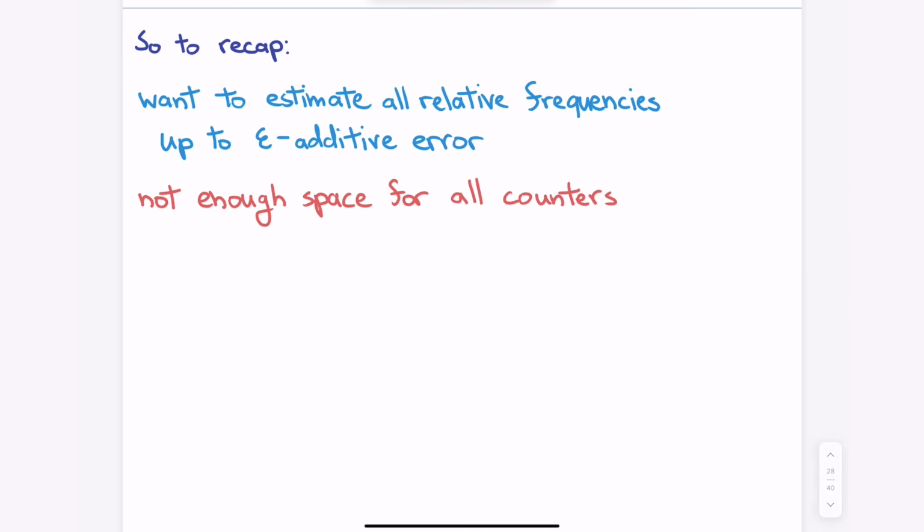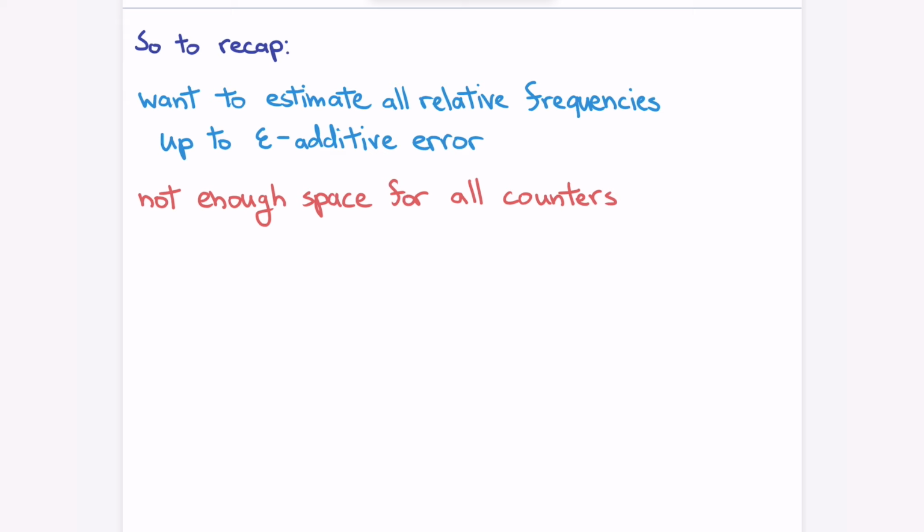We still have the same issue where you don't have enough space for all the counters. What's one good piece of news? If I'm asking you to report the frequencies of all the elements up to epsilon additive error, that would seem space demanding, except we do have an out. Yeah, so 0 is a good answer for most of the elements.